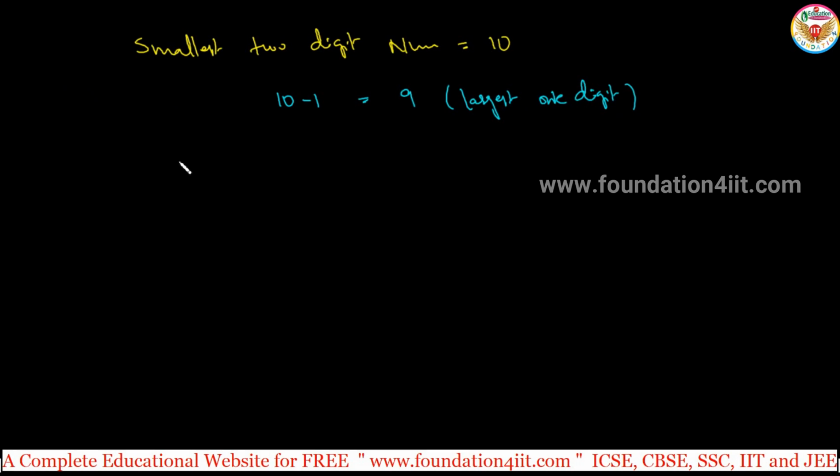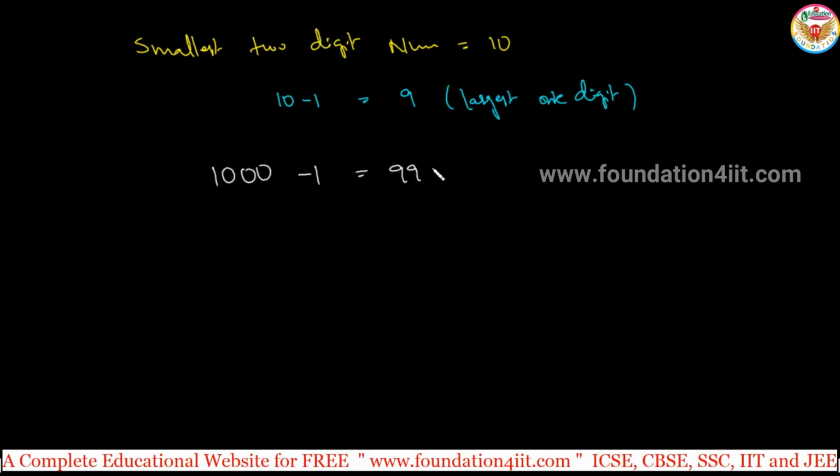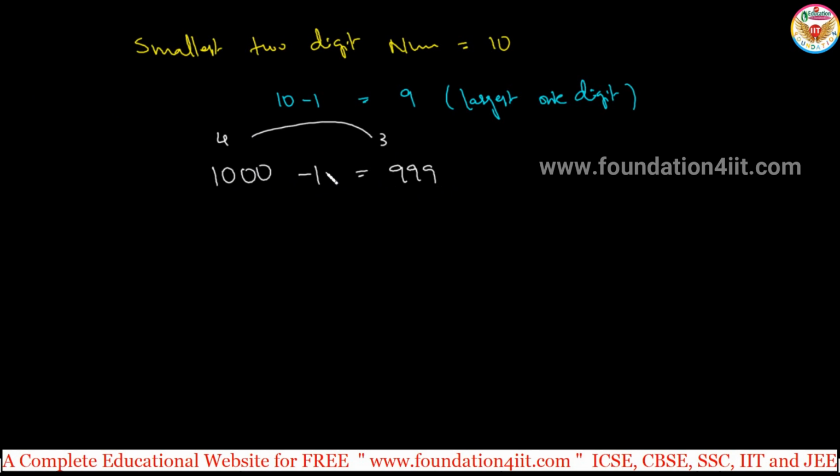Now let us take the smallest four digit number, 1000. Minus 1 becomes the largest three digit number. By subtracting 1 from the smallest four digit number, it becomes the largest three digit number.